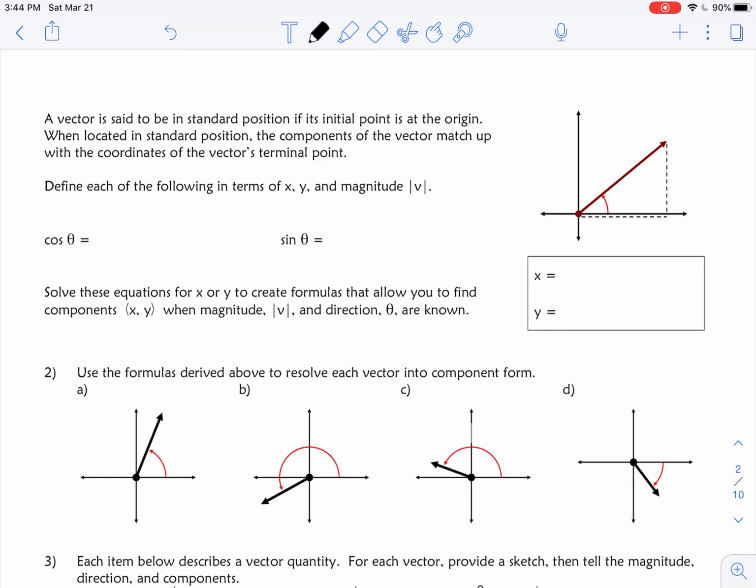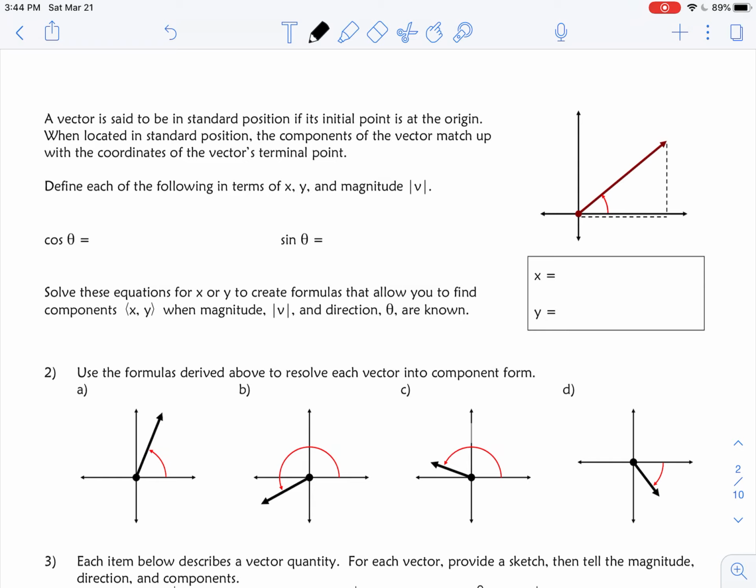A vector is said to be in standard position if its initial point's at the origin. When located in standard position, the components match up with the coordinates of the vector's terminal point. Define each of the following in terms of x, y, and magnitude. Okay, so since we are building right triangles with the horizontal and vertical components, we can use SOHCAHTOA.